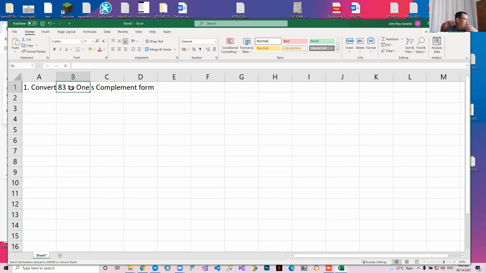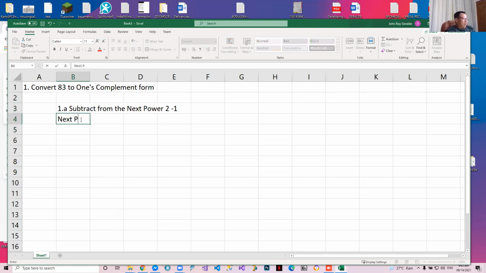It cannot be 64 because 64 is smaller than 83. You follow? So one option is we subtract from the next power of 2 minus 1. So what's the next power of 2 here? 128.